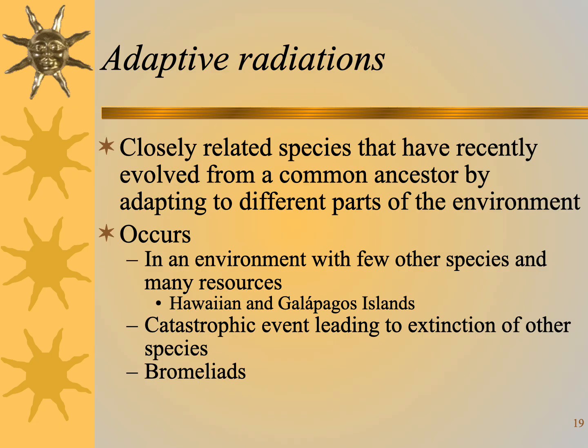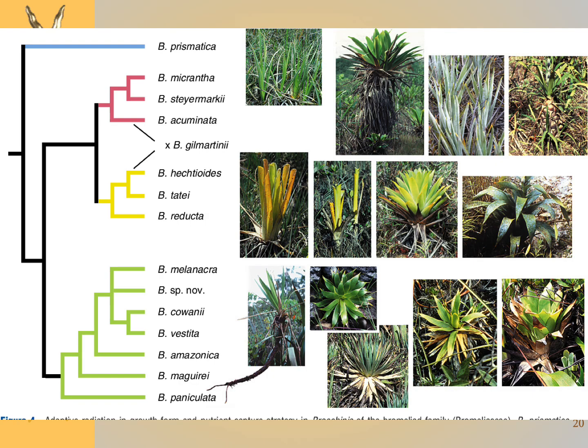And so you see stuff like this on the Hawaiian Islands or the Galapagos, or you see them at specific times after there's been really severe disruption to a habitat. A good example are bromeliads. These are found on island species. They're an unusual plant, but in the Hawaiian Islands, they're extremely diverse because they were one of the first plants to get there.